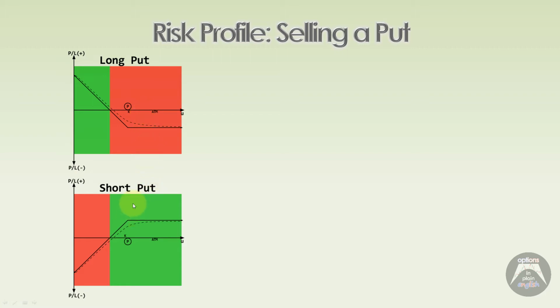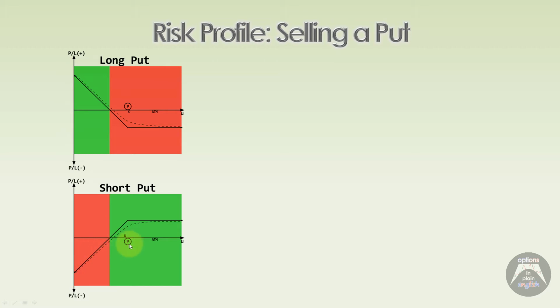Now, if we look at the short put, it's a very similar strategy, but instead of buying a put, now you're selling a put. So you have it right here because it's on the bottom of the axis. You have the price here, and you sell a put, and then if it starts going lower, you start losing money.